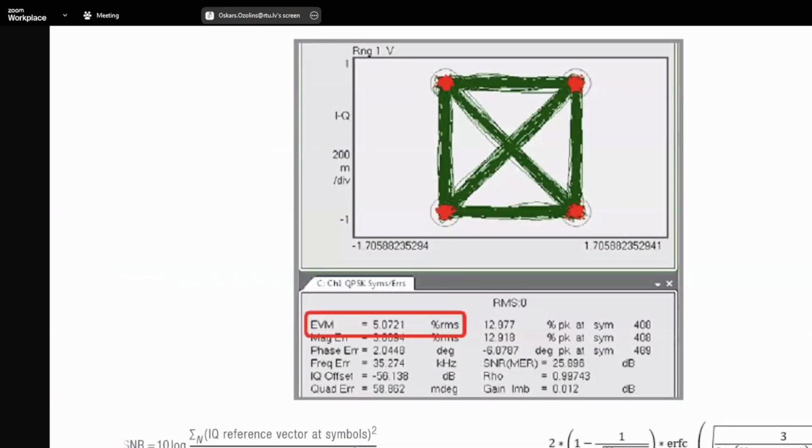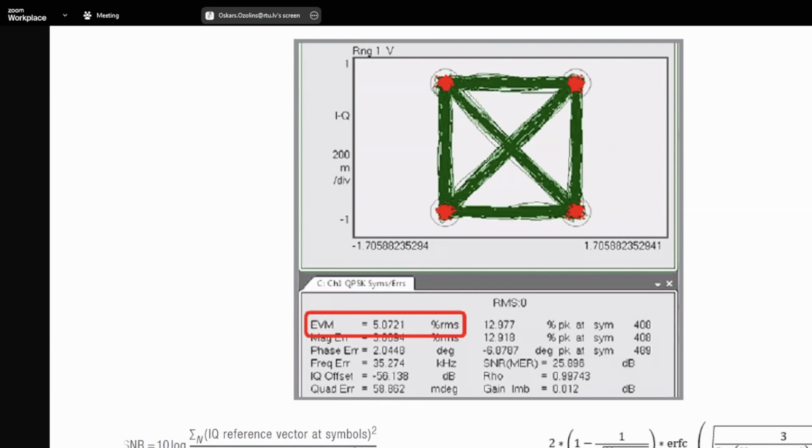Then EVM is one of the metrics which could be used, and you can also estimate bit rate based on EVM. Like we had in intensity modulation direct detection systems, you have counted bit rate and estimated bit rate. We use it quite a bit in experiments.